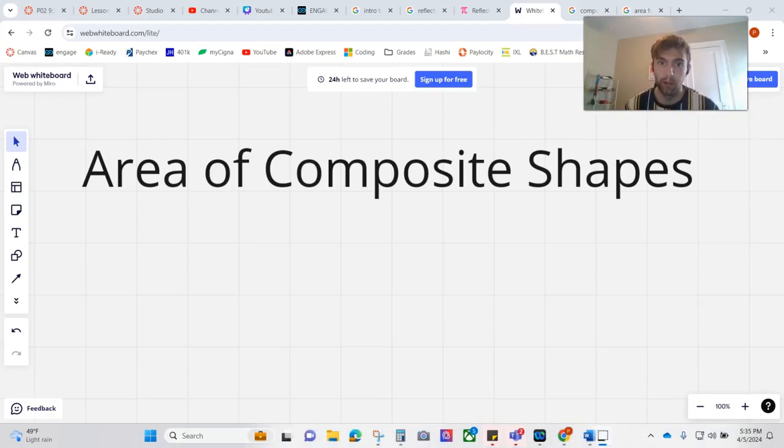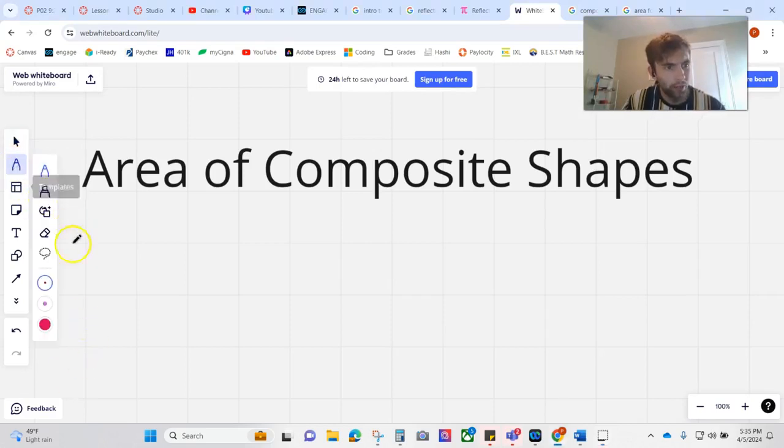Before we start talking about composite shapes, let's take a look at some normal shapes and review those. Do you know how to find the area of a rectangle or square? Nice. Yep.